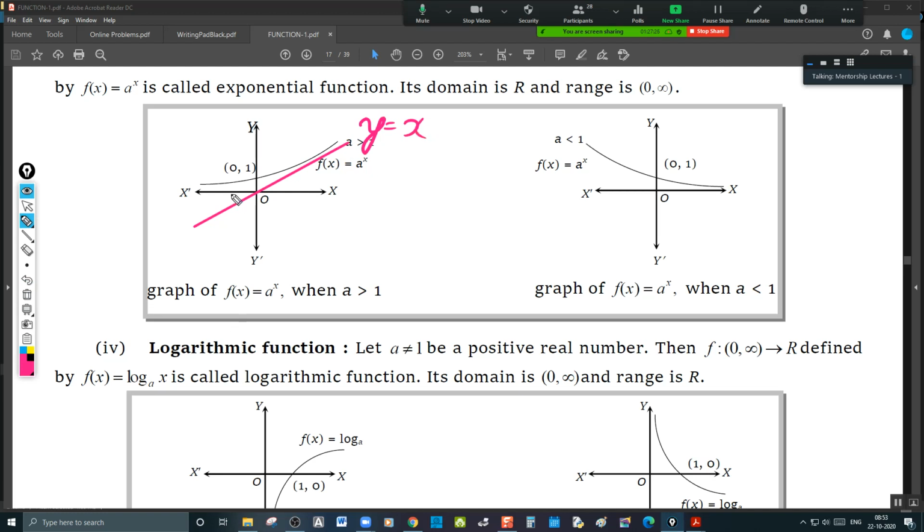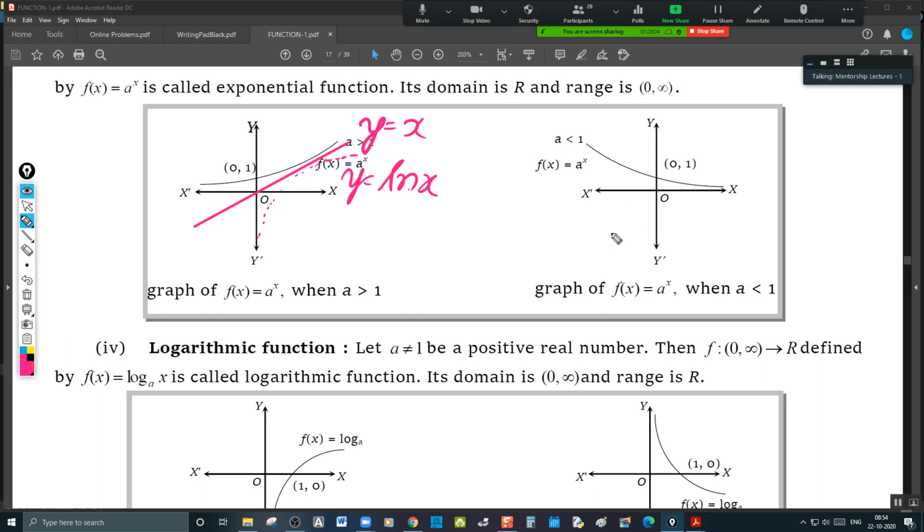Just observe the below graph. It will be just a mirror image. It goes like this. So a power x, its inverse is log x. Similarly, observe this also. Here also, it takes a mirror image in the line y is equal to x.